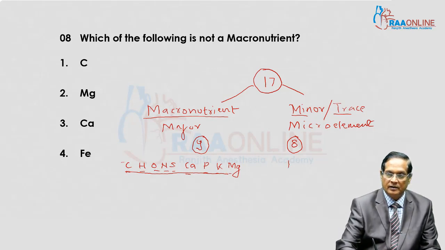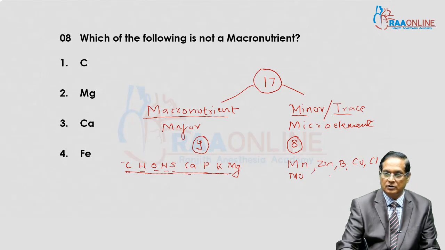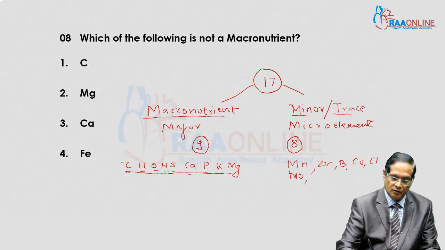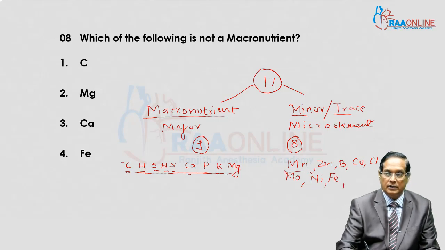Then Mn, Zn, B, that is manganese, zinc, boron, Cu, Cl, Mo, that is copper, chlorine and molybdenum, and Ni, Fe, nickel and iron. These are the micro element category.